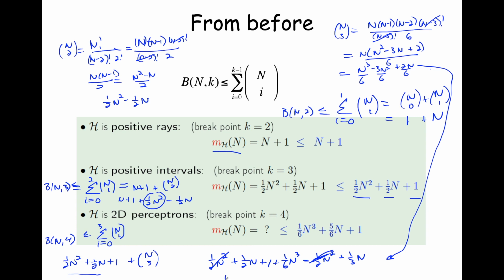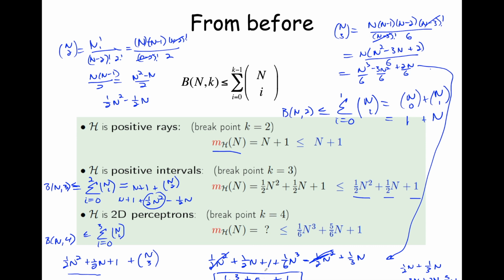And so we're going to write 1/6 n cubed, and then a plus 1, and then we're going to put together the 1/2 n and 1/3 n. 1/2 n plus 1/3 n, that's just 3n plus 2n, which is 5n over 6, which is just 5/6 n. So we have 1/6 n cubed plus 5/6 n plus 1.